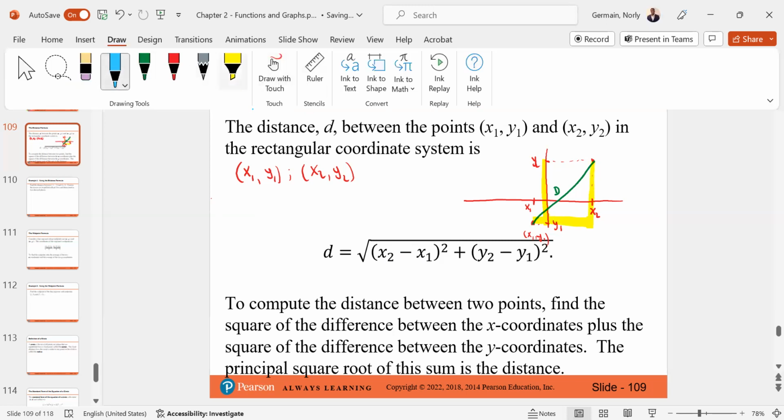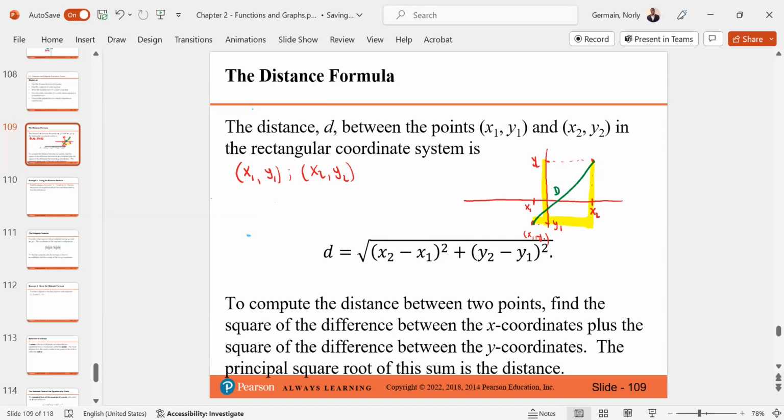Having this point where I have x1, going through x2, and creating that distance, it is a right triangle, so I can use the Pythagorean theorem to find the distance between these 2 points.